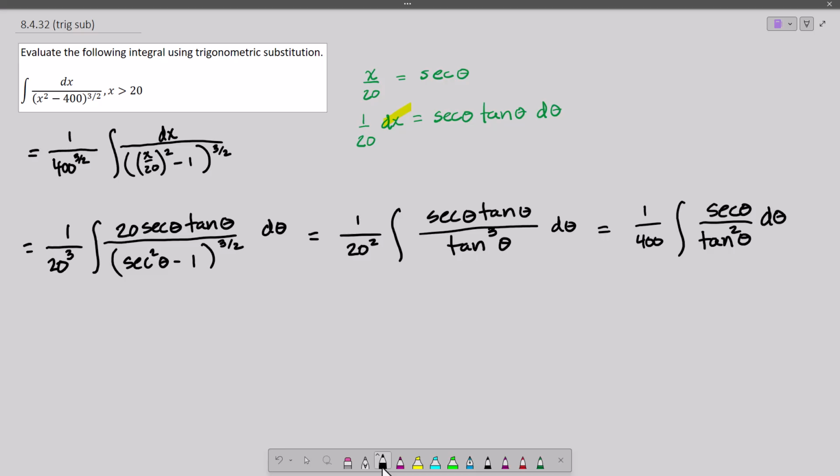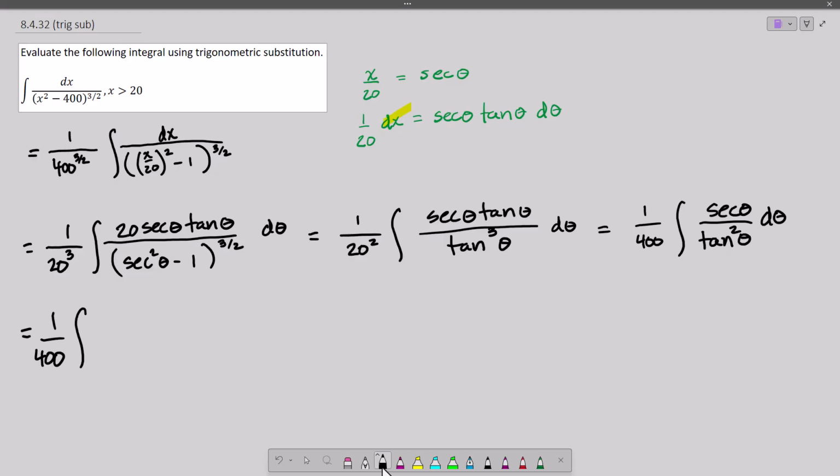So we have secants and tangents in this integrand, but we don't have one of our two primary rules being met. One is for secant to an even power, and the other is for tangent to an odd power. Neither of those are met, so we can't use that technique. So the next choice is to either use a Pythagorean theorem or go to sines and cosines.